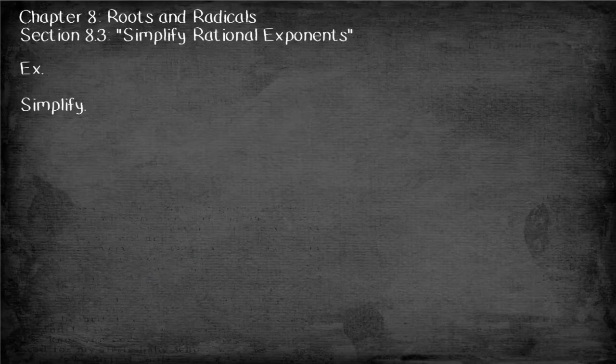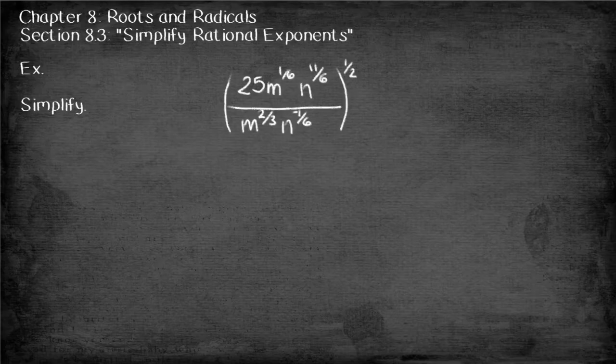All right, so here's the true test. See if we really are getting it. We want to simplify this abomination. So try it out. I have no way of knowing what you're doing, so I'm going to start writing. What I'm going to do is do my subtraction of exponents.